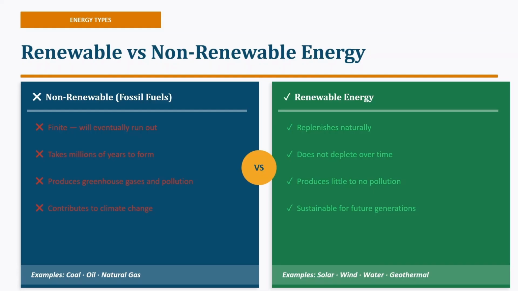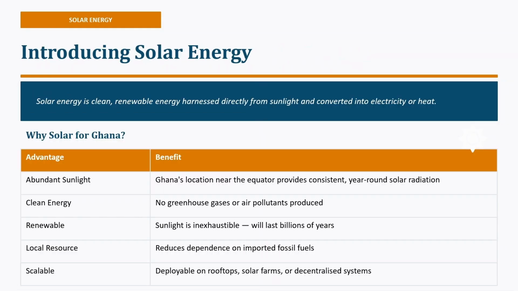Okay. So because of the negative effects of using fossil fuels, there is a need to take advantage of the renewable sources of energy. And in this lesson, we'll be focusing on solar energy and how to harness the power of the sun to generate electricity for our use.